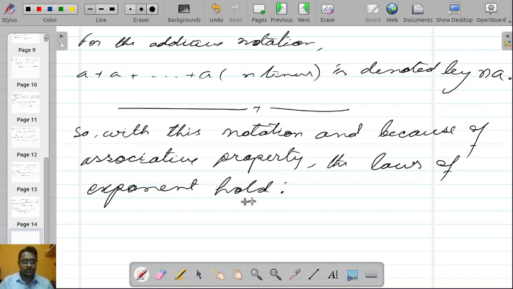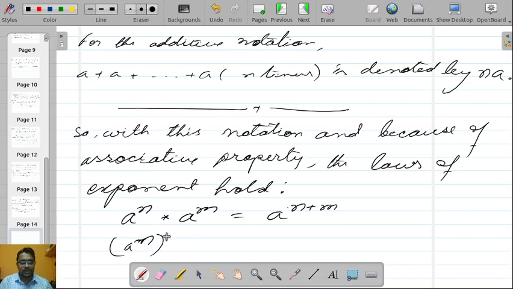Okay, so something like this. If a to the power n is composed with a to the power m, this is the same as a to the power n plus m. Similarly, a to the power n whole to the power m.